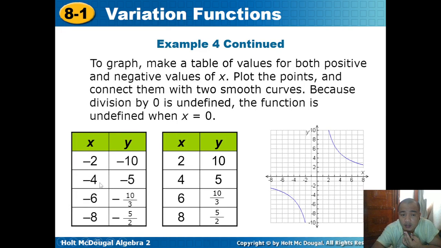Negative 2, negative 10, negative 4, negative 5, negative 6, negative 10 thirds, negative 8, negative 5 halves, 4, 5, 6, 10 thirds, 8, 5 halves. So if you graph this, you can form two smooth curves, which are actually what we call hyperbola, which we will discuss in the fourth quarter.